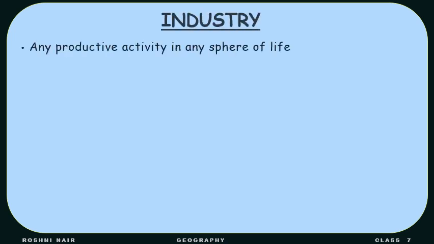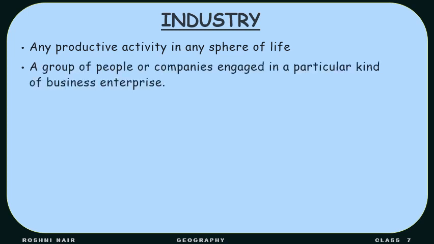First, let us understand the definition of industry. Any productive activity in any sphere of life, or a group of people or companies engaged in a particular kind of business enterprise.